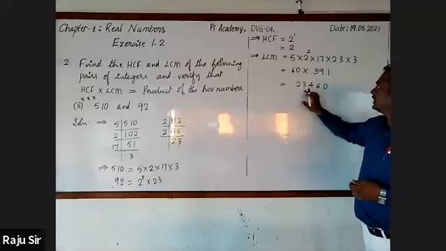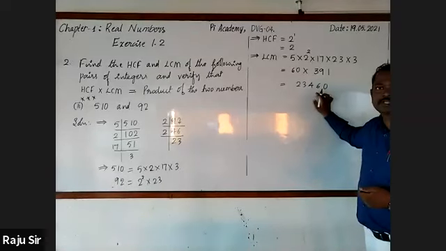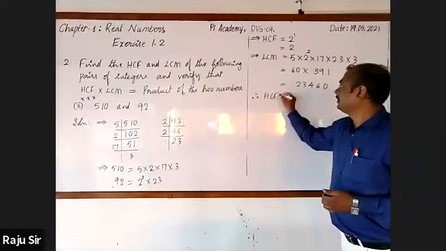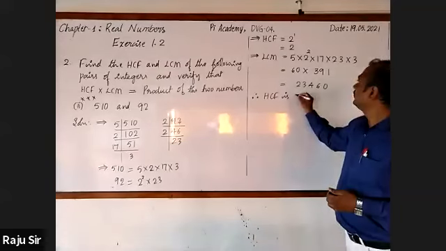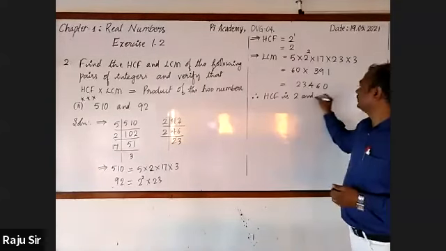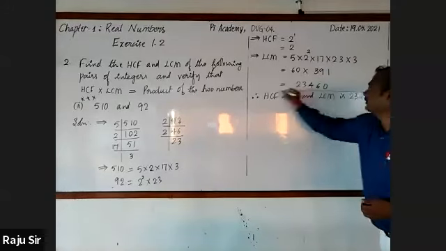Hope that you have got the same. 23,460 as LCM. Correct. Very good. Now conclusion. Therefore, HCF is 2 and LCM is 23,460.